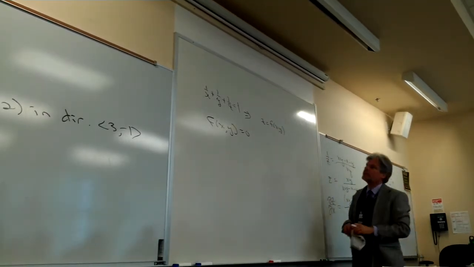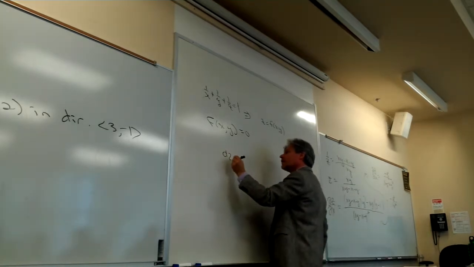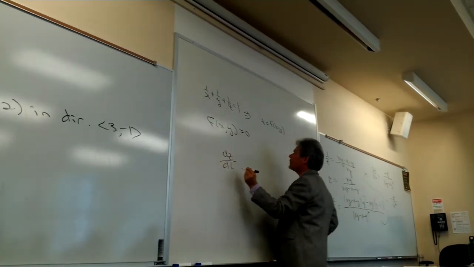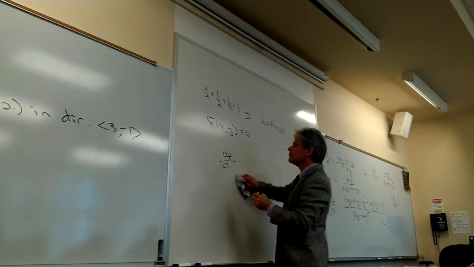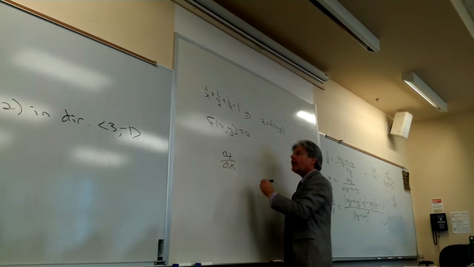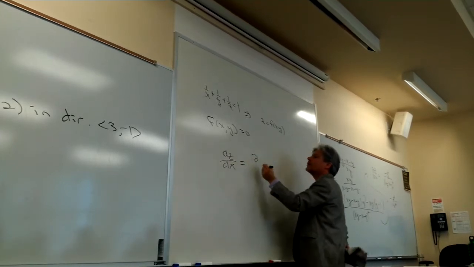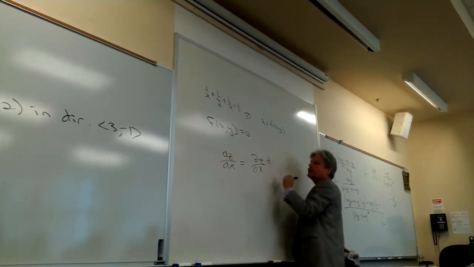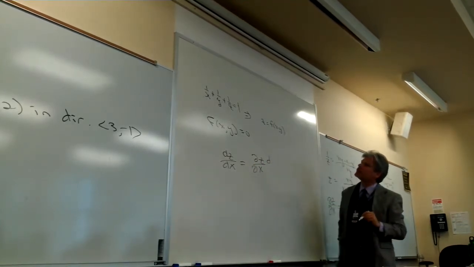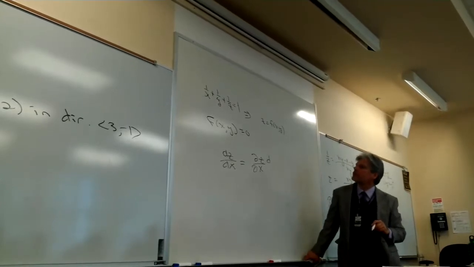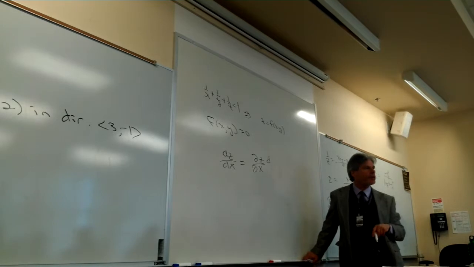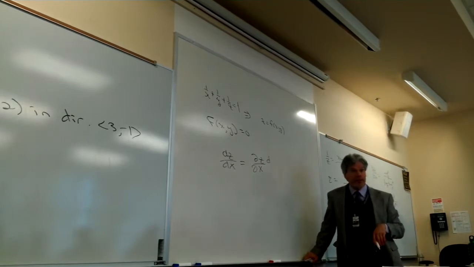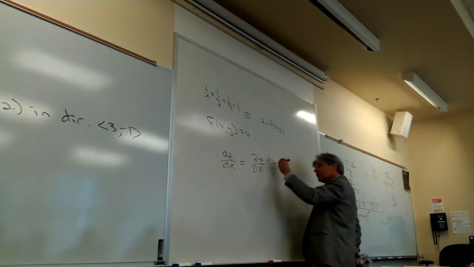And so if I were to differentiate z with respect to x, I can think of this as the partial of z with respect to x times the derivative of x with respect to x, plus the partial of z with respect to the other intermediate variable, y, times dy/dx. If I treated x as my independent variable, using the chain rule, wouldn't it just be this?